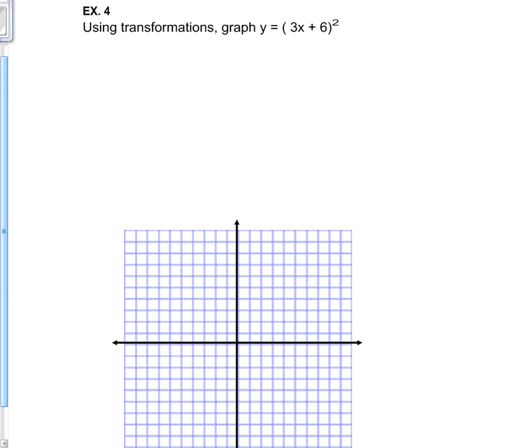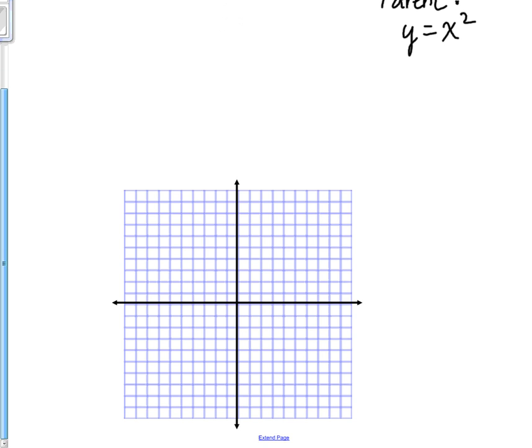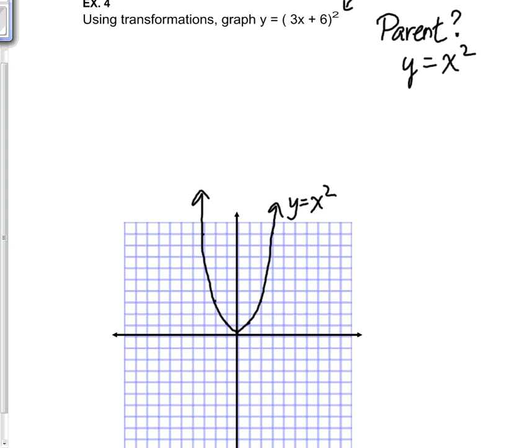So my thought process is, what is my parent function? My parent function appears to be x squared, a quadratic. So I'm going to start by drawing my parent function again. I've drawn my parent function, y equals x squared, and now I want to know what my various transformations are.